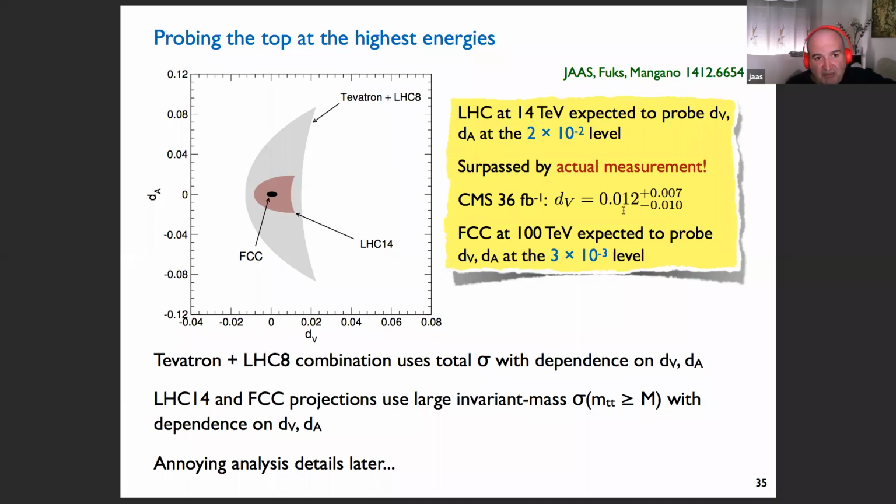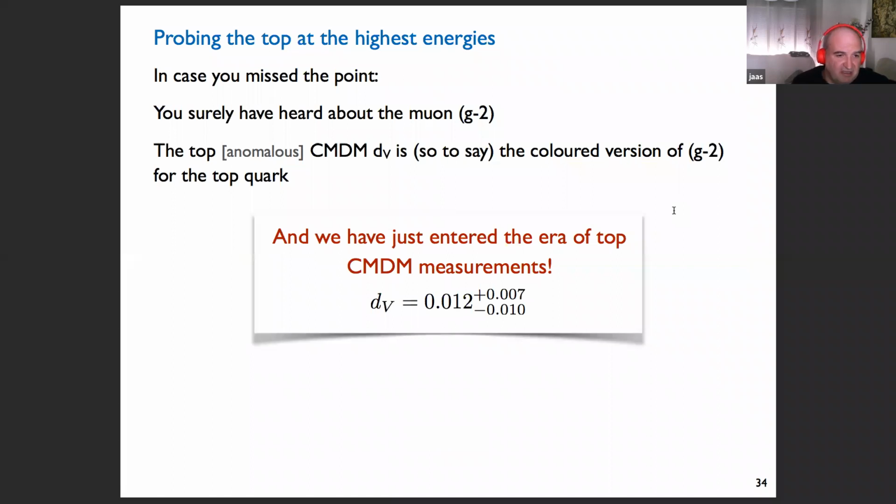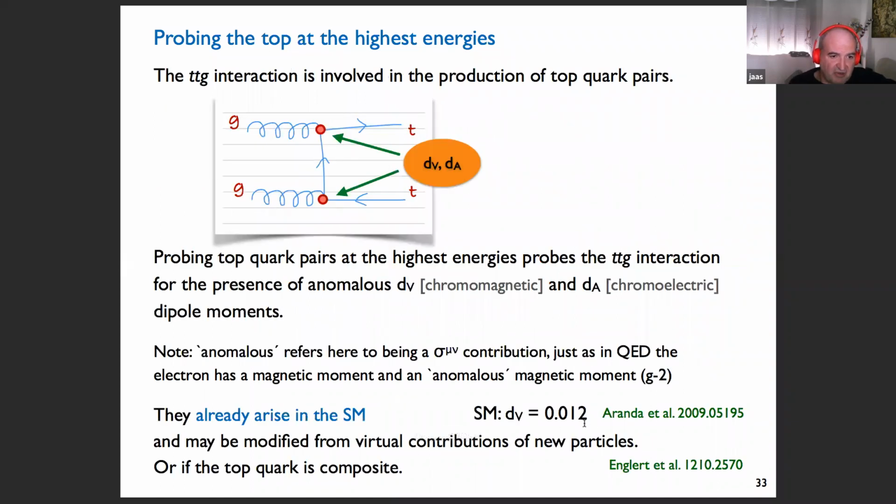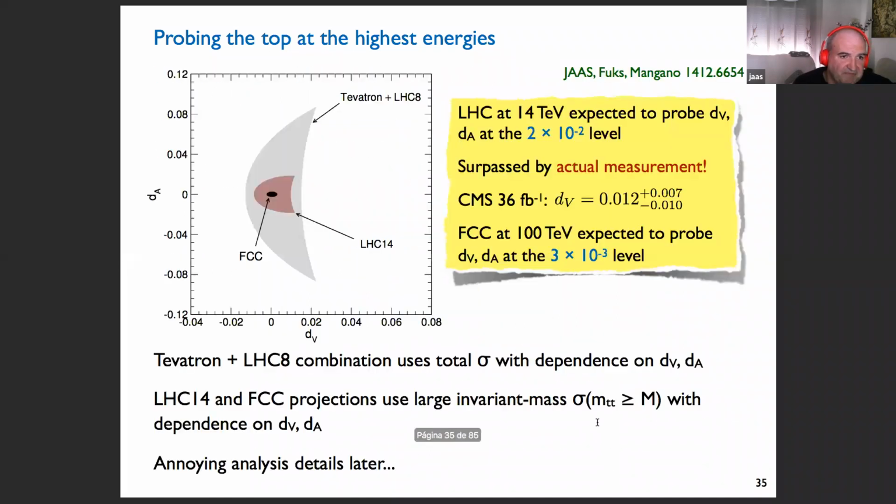And by the way, this measurement has a large error, but agrees with the standard model prediction that you have here by these people. For the FCC, you can see the comparison here in this plot. It is expected to probe these anomalous terms to the level of 3 times 10 to minus 3.